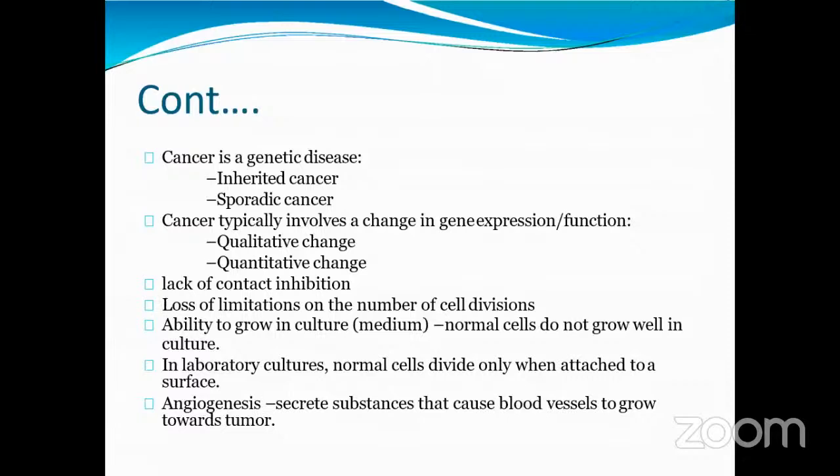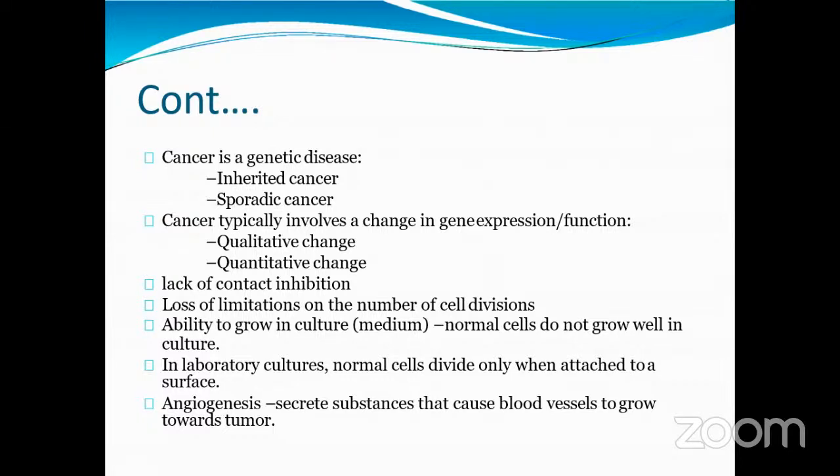The contact inhibition will be completely lost, and there is loss of limitations on the number of cell divisions. Usually normal cells have a limitation for cell divisions, but cancer cells lose that limitation. They also have the ability to grow in culture. Normal cells do not grow well in culture, but cancer cells grow much better.